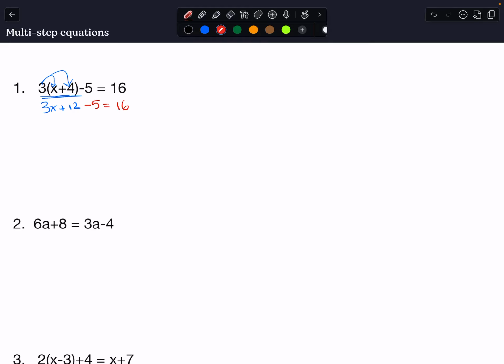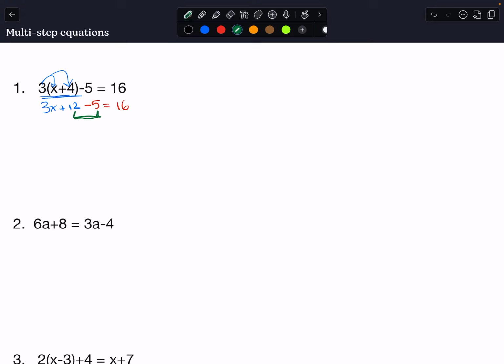We have now entered the realm of like terms. And like terms means terms that are similar, hence the name. So I'm looking for numbers or terms that are similar because we can combine them together to make it simple. Here I have the 12 and the 5.